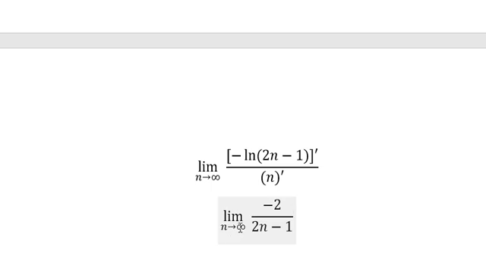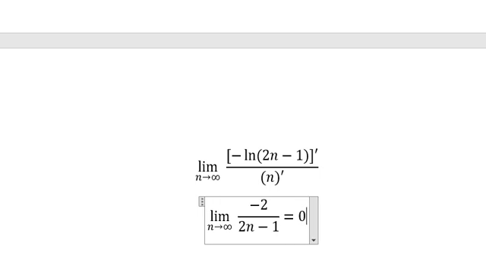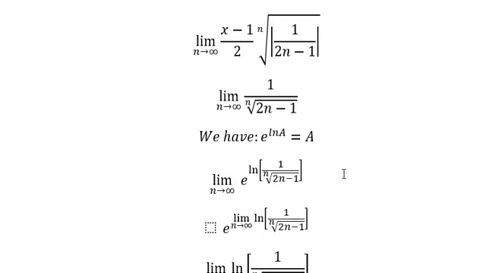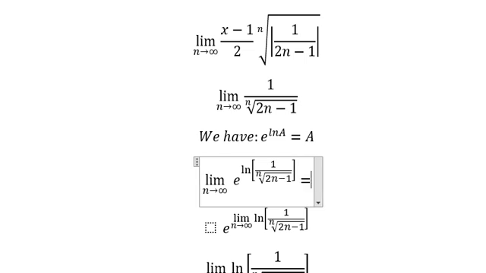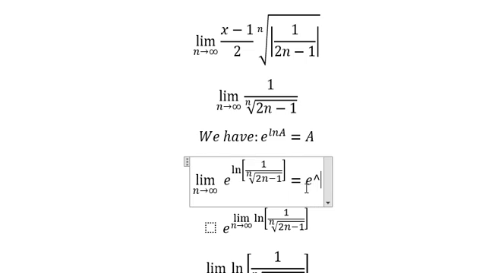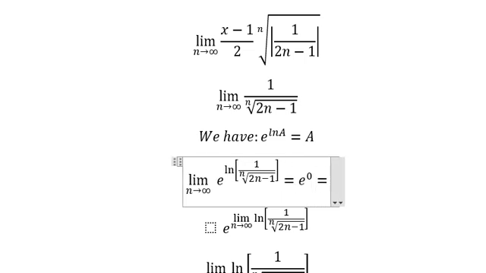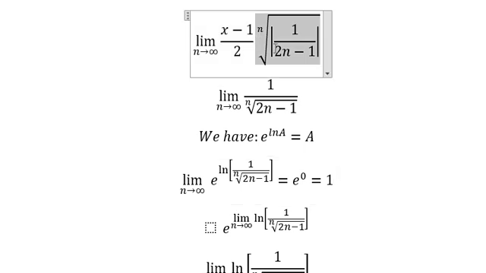When n approaches positive infinity, negative 2 divided by positive infinity gives number 0. So that means in this one, we have e to the power of 0, and we have number 1. That means the value of this one equals 1.